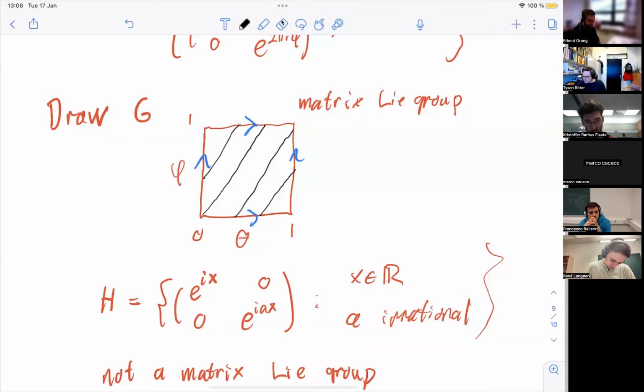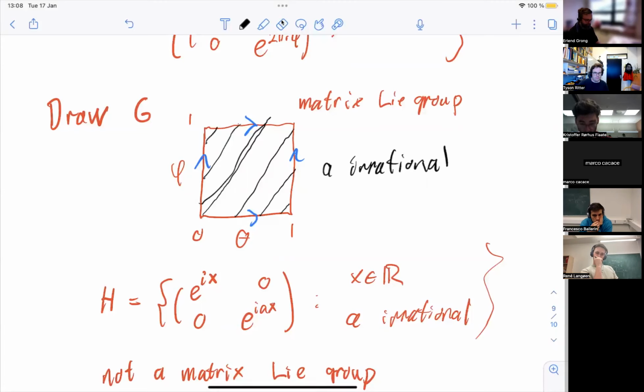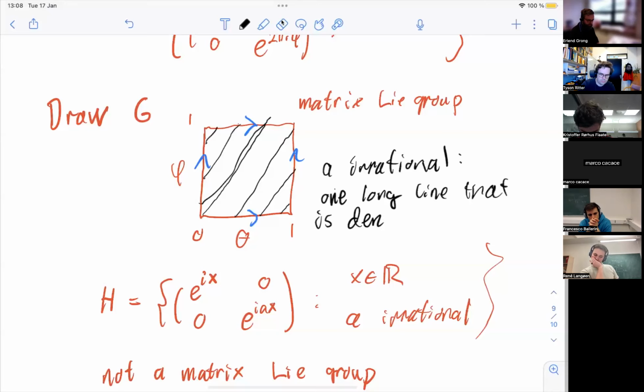But since a is irrational, I get one long line that is dense in G. So what does it mean to be dense?